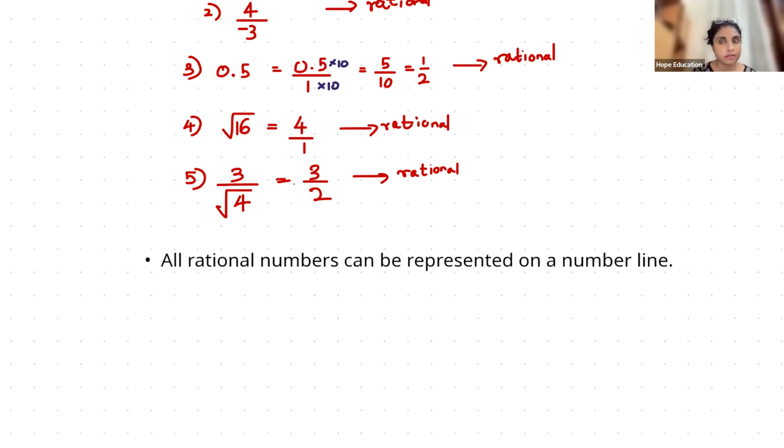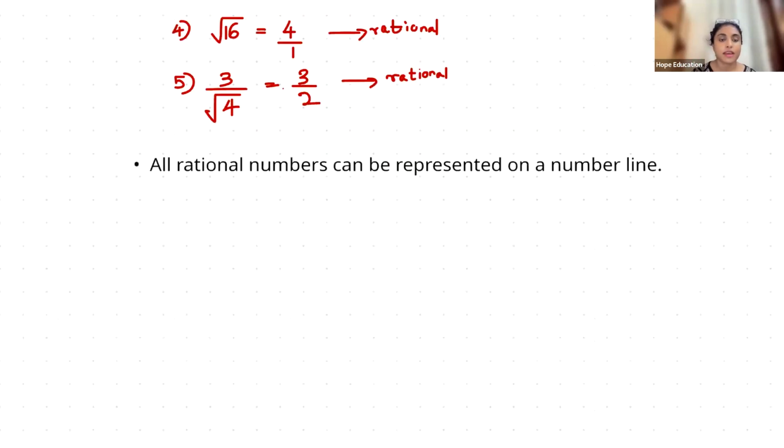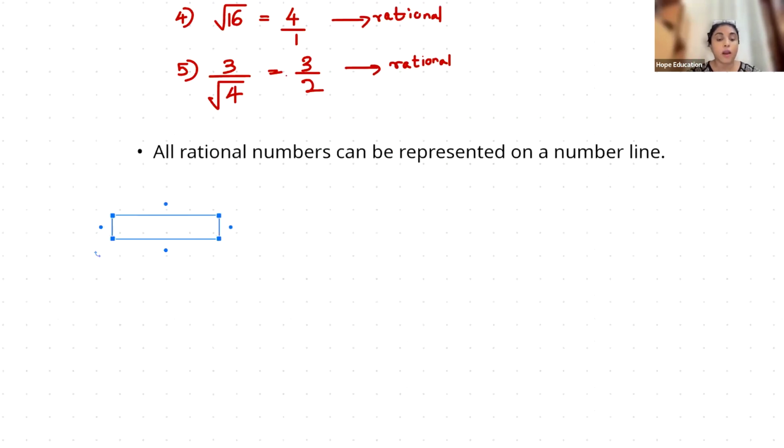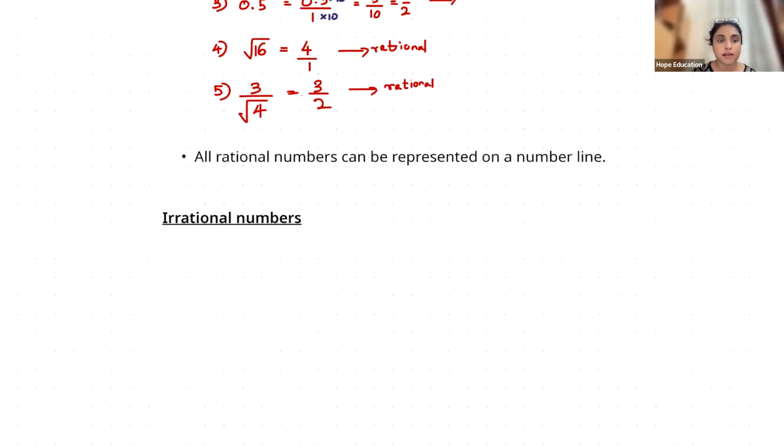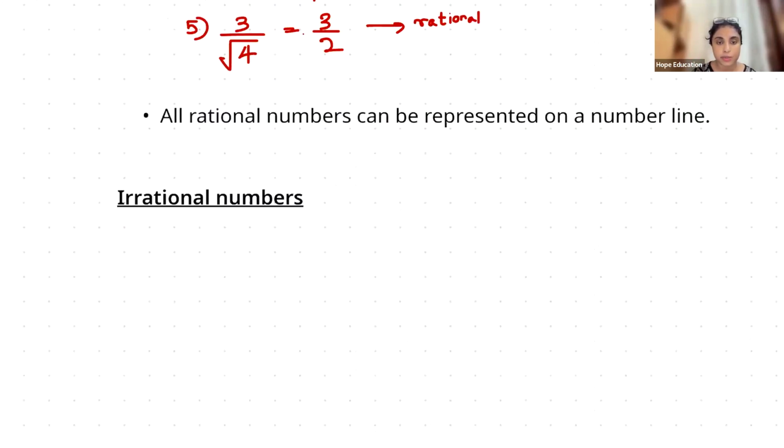Let's write a topic, irrational numbers. That is the opposite of rational numbers. Irrational numbers, the symbol we say is Q dash, or Q complement, the bar sign.